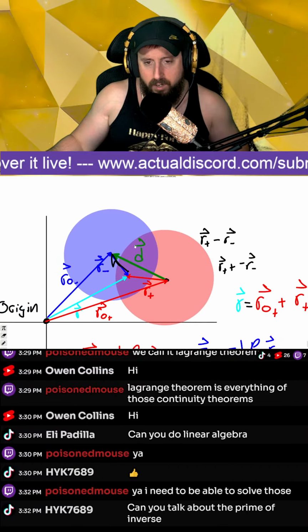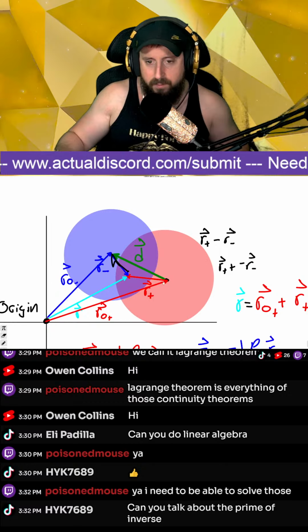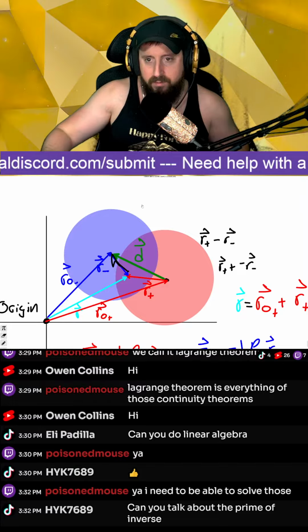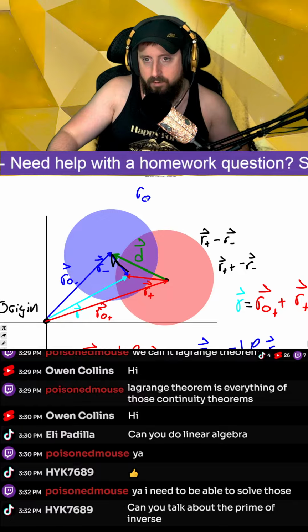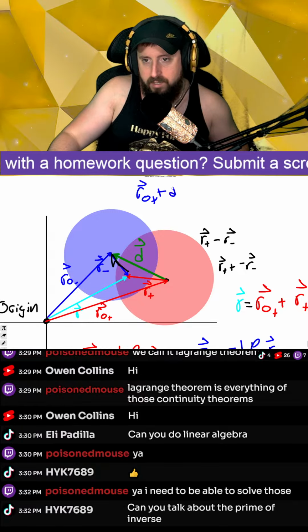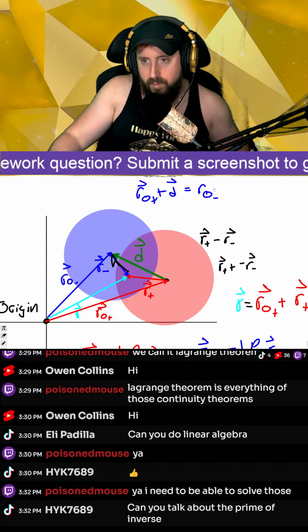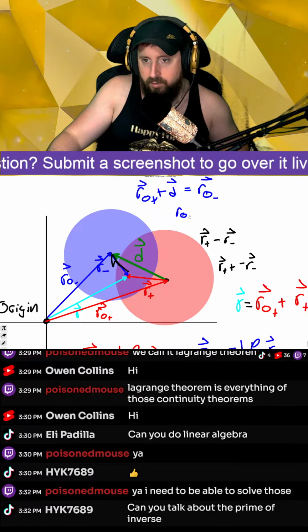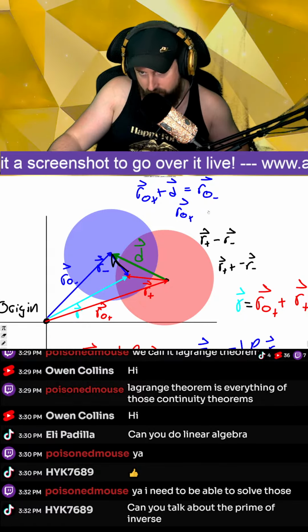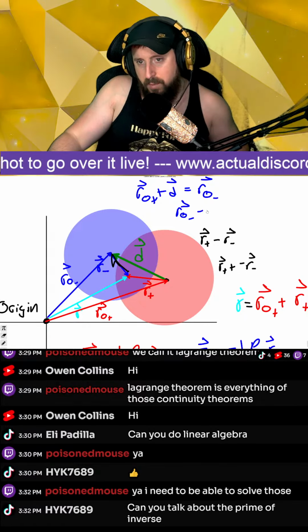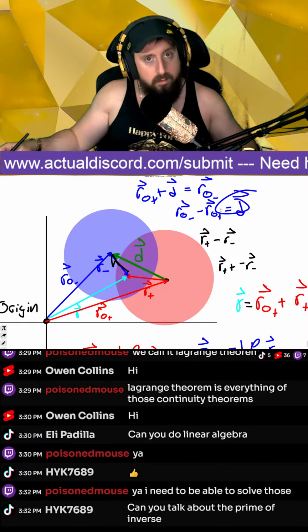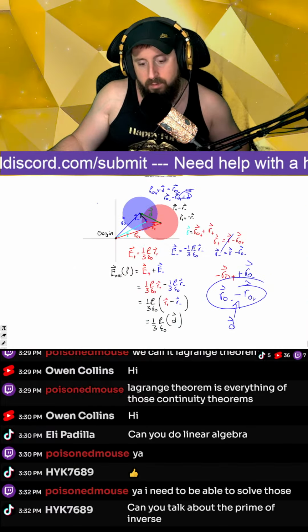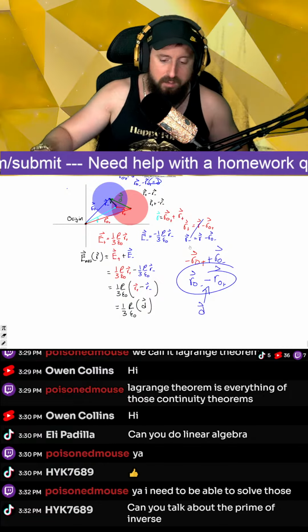If I do this minus this, I get this. Because in the same way, if I do this vector plus this vector, I get this vector, right? R0 plus D also gets you R0 minus. So R0 minus vector minus R0 plus vector is equal to D. Same thing. Cool. Does that make sense to you, Poisoned?